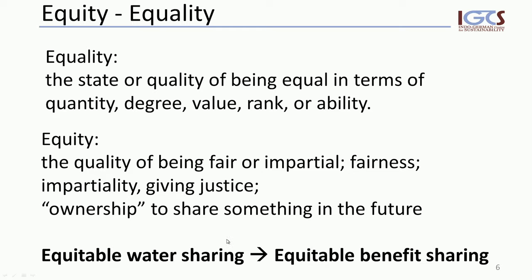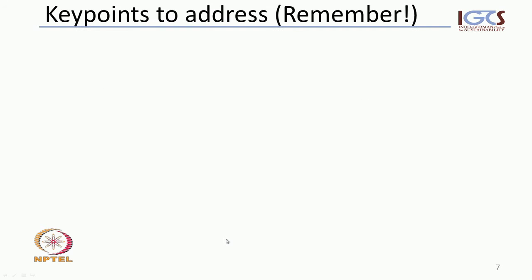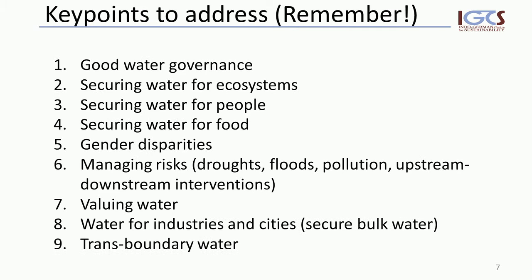essential concepts to achieving sustainable water management. Now, remember the key points that have to be addressed in sustainable river basin management. I just want to list them here again. We talked about them, and we also talked about some of those in great detail.